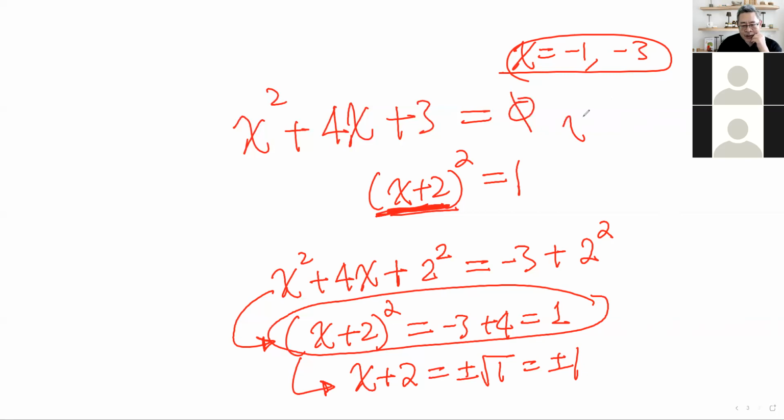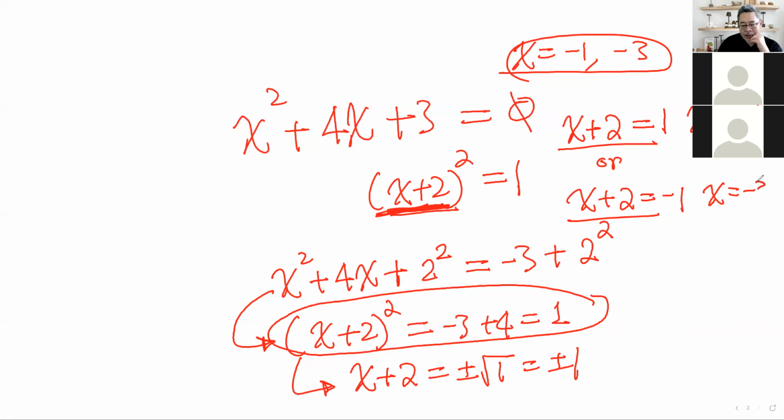Then we know x plus 2 can either be 1 or x plus 2 is equal to negative 1, right? Yep. So therefore, based on this, we got x equal to negative 1. Based on that, we got x equal to negative 3.